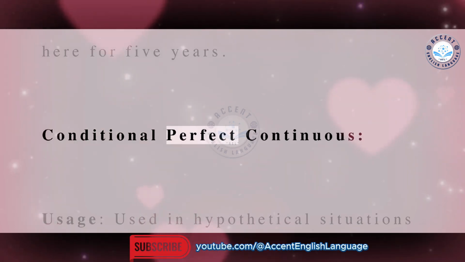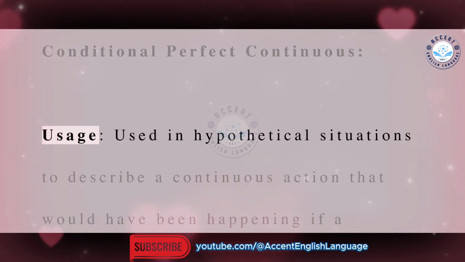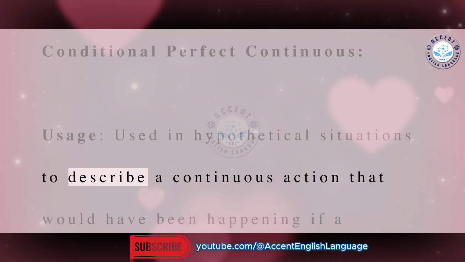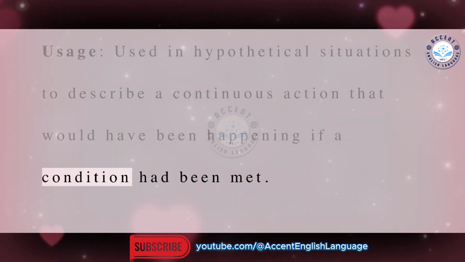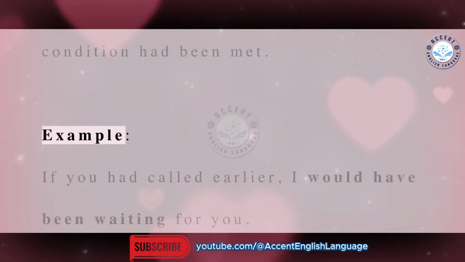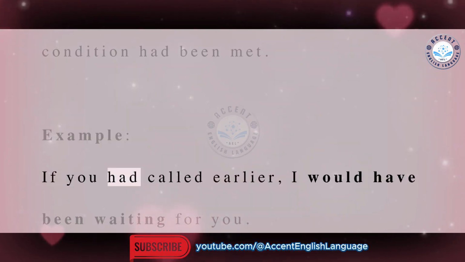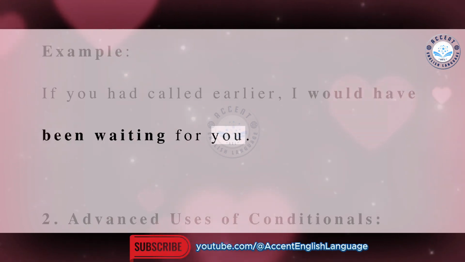Conditional perfect continuous. Usage: used in hypothetical situations to describe a continuous action that would have been happening if a condition had been met. Example: if you had called earlier, I would have been waiting for you.